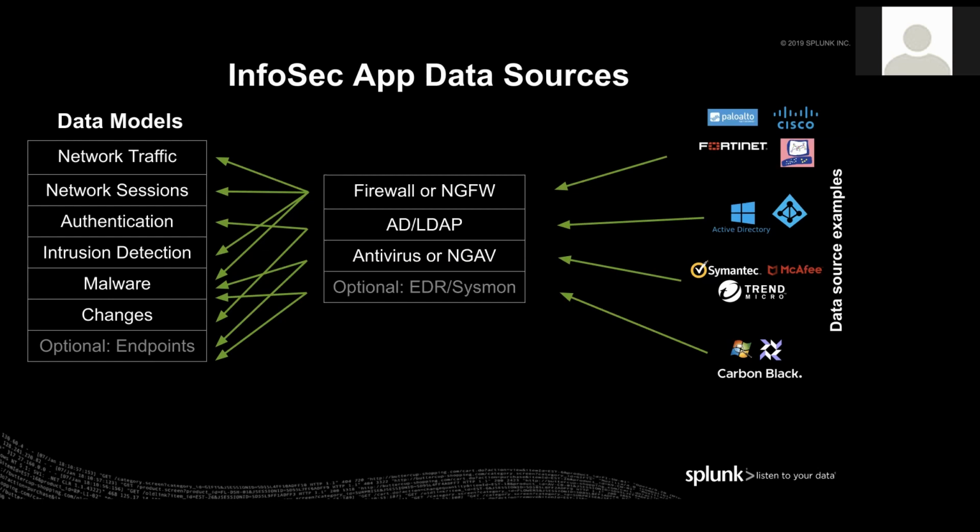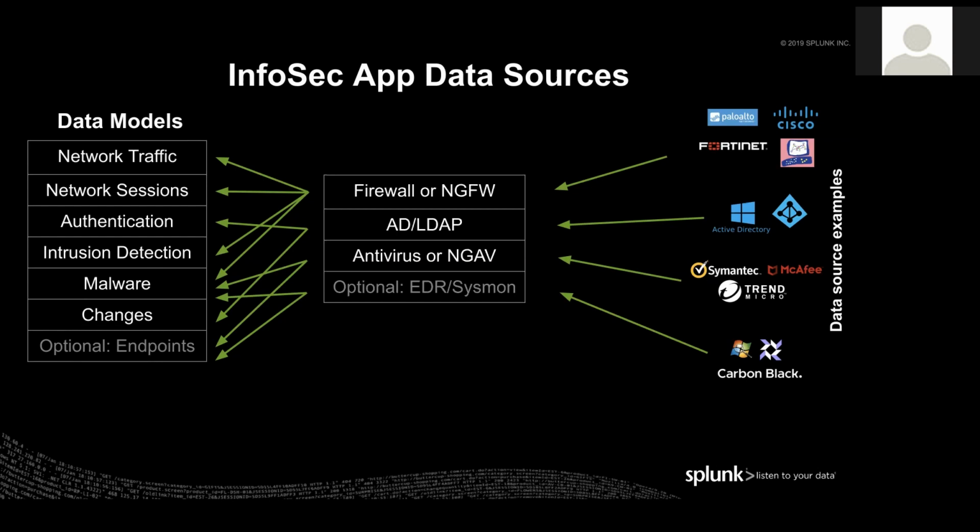not boiling the ocean. And when we talk about things like firewalls and next generation firewalls, I have some examples on the right-hand side, and you probably recognize the usual suspects, right? So your Checkpoint, Cisco, Fortinet, Palo Altos. AD/LDAP would be Active Directory, whether it's your on-prem or Azure Active Directory.